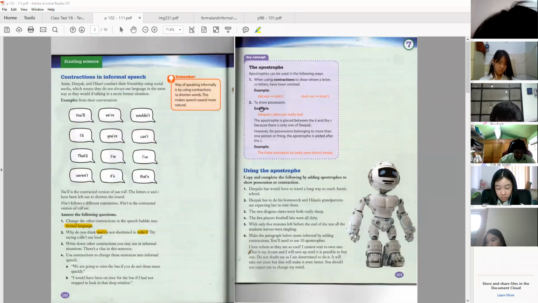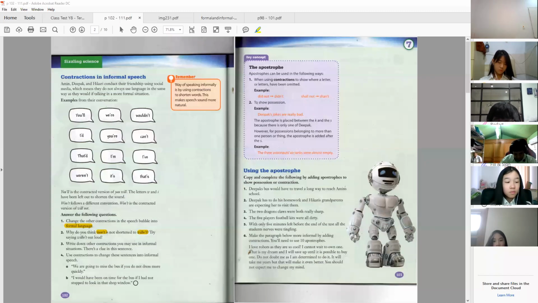I would have, would, apostrophe VE. I would have been on time for the bus if I hadn't stopped to look in that shop window. Thank you. Good.